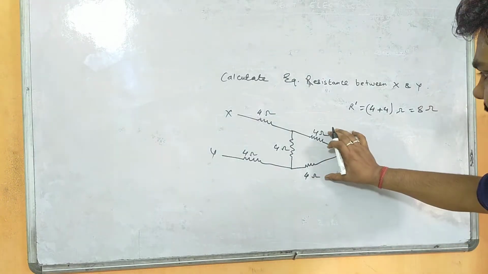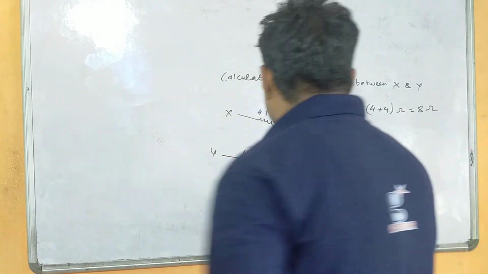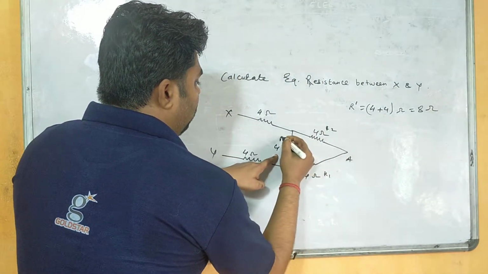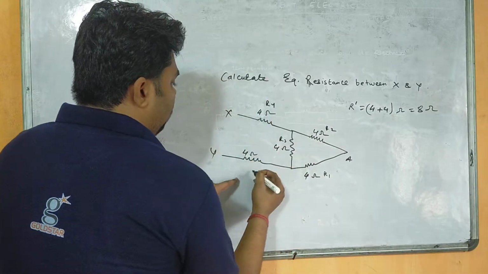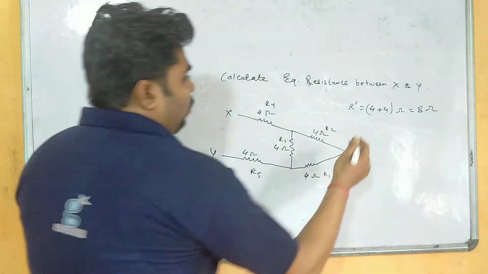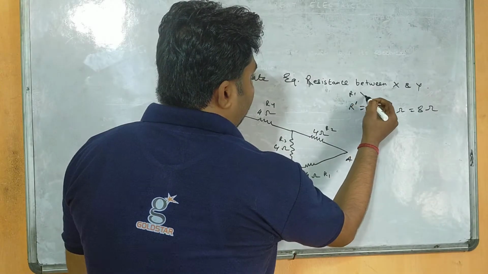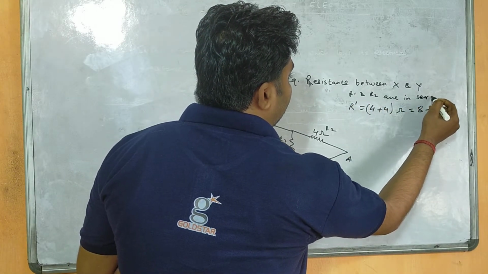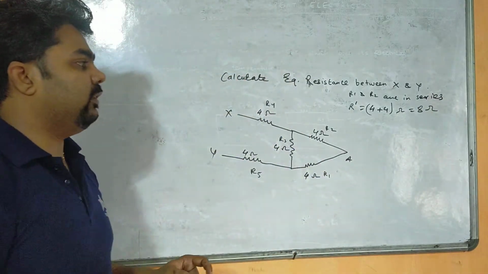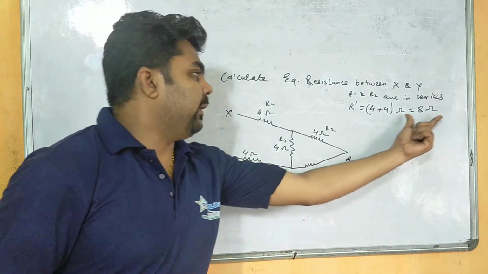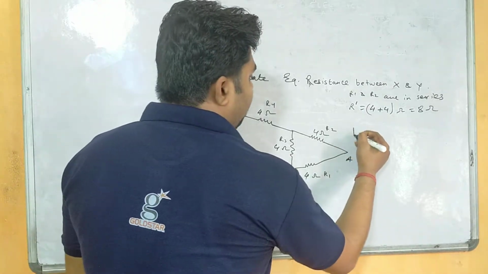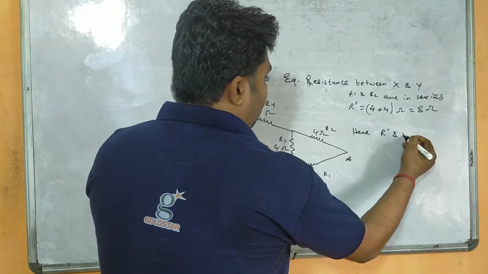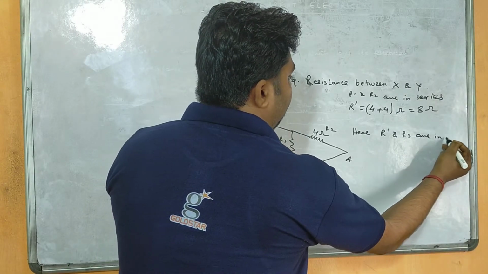Now this 8 ohm is in parallel with this one, so let us name them R1, R2, R3, R4 and R5. Here R1 and R2 are in series, so R dash equals, directly we will add them.